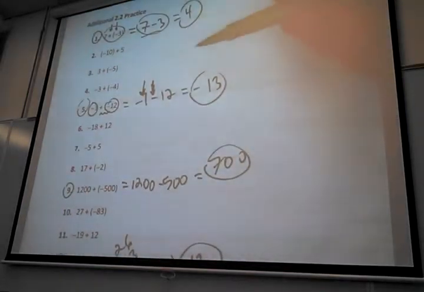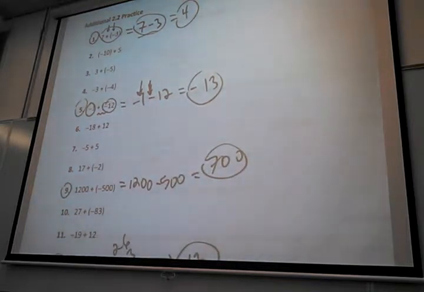So the general idea, you ready? When you're combining numbers with signs of positives or negatives, what are the two rules that will get you through that?